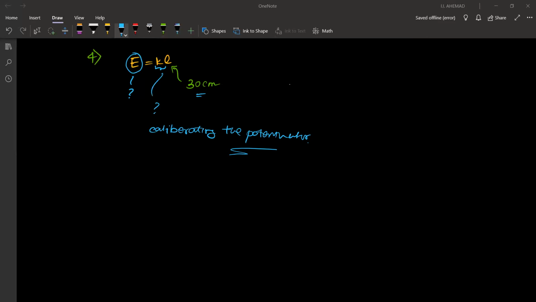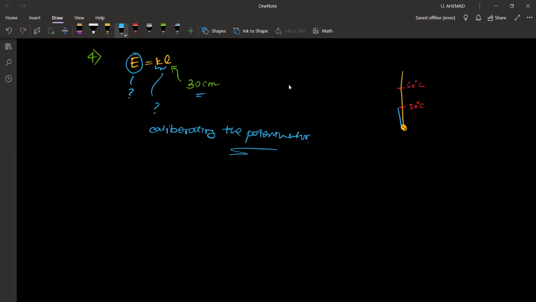Why do we call finding K calibrating the potentiometer? You can just think like this. In a thermometer, we take the readings as 50 degrees C, 60 degrees C, and so on. But initially, someone should have calibrated these values, right?